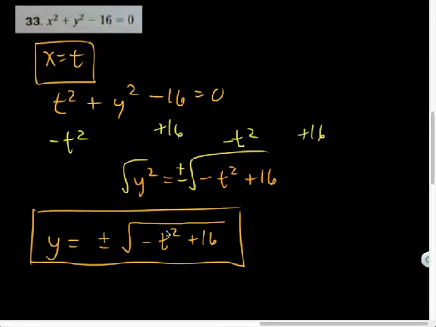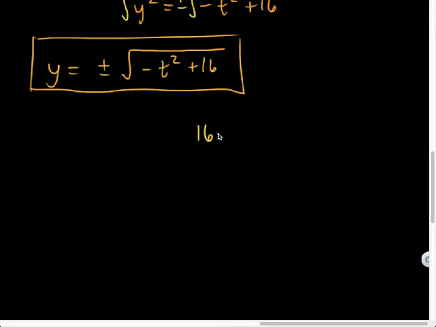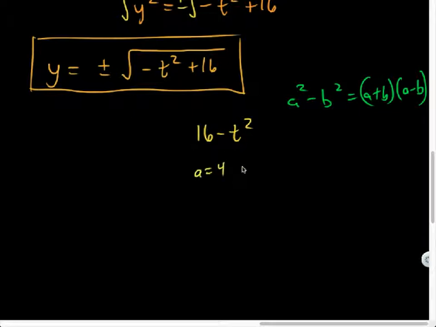You can't reduce negative t squared plus 16. Oh, that's a difference of squares pattern, isn't it? 16 minus t squared matches the pattern a squared minus b squared equals a plus b times a minus b. So a would be 4, b would equal t. If you're trying to distribute the square root over this plus sign, that is first of all super illegal.